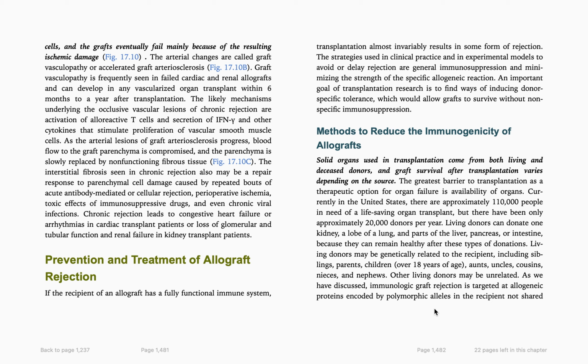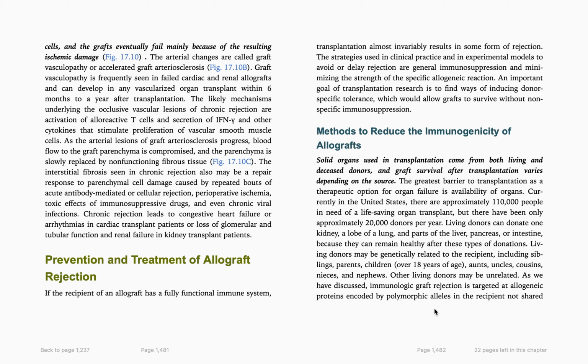The interstitial fibrosis seen in chronic rejection also may be a repair response to parenchymal cell damage caused by repeated bouts of acute antibody-mediated and cellular rejection, perioperative ischemia, toxic effects of immunosuppressive drugs, and even chronic viral infection. Chronic rejection leads to congestive heart failure or arrhythmias in cardiac transplant patients, or loss of glomerular and tubular filtration and renal failure in kidney transplant patients.